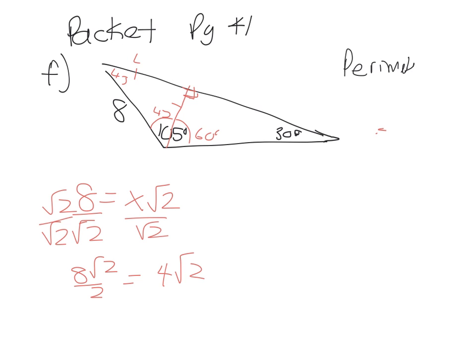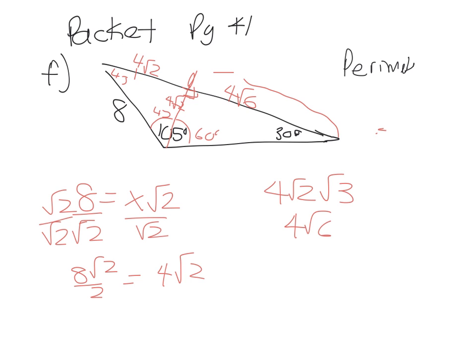That's this section here and the height of the triangle. Now I have to find this other section. I know the side opposite 30 is 4 radical 2, so I need the side opposite 60, which would be 4 radical 2 times radical 3, which is 4 rad 6.